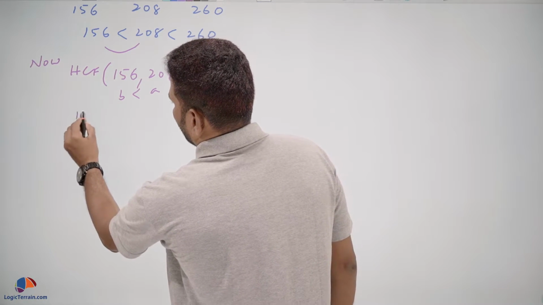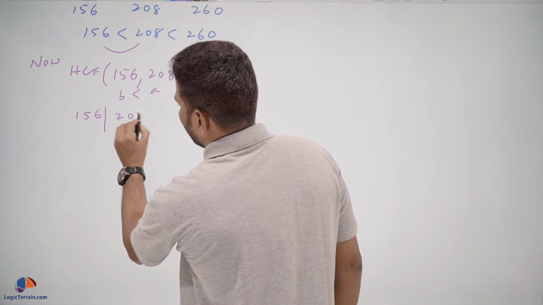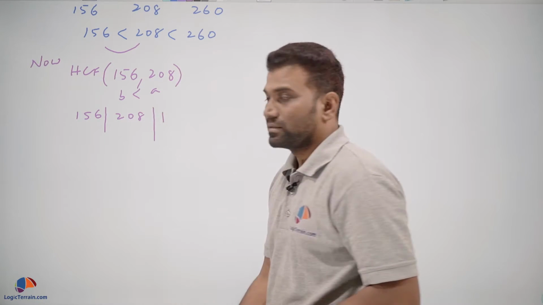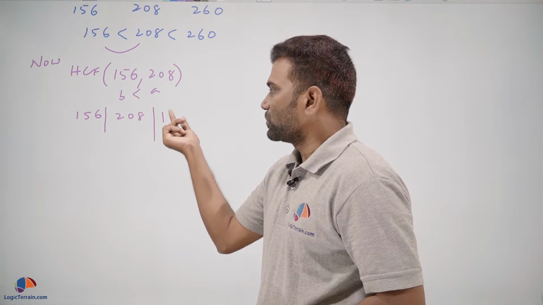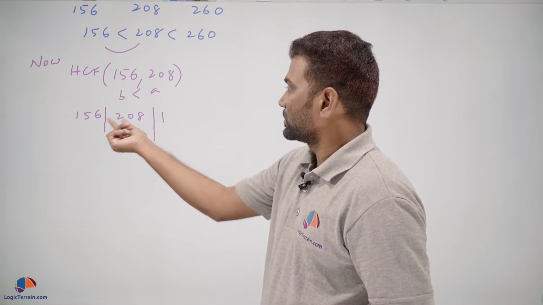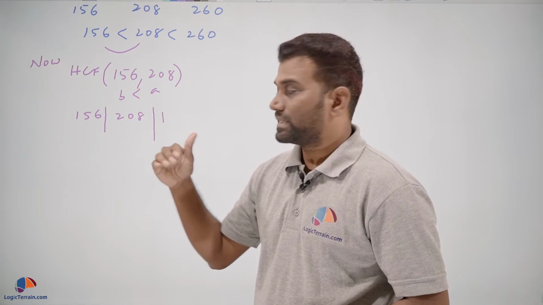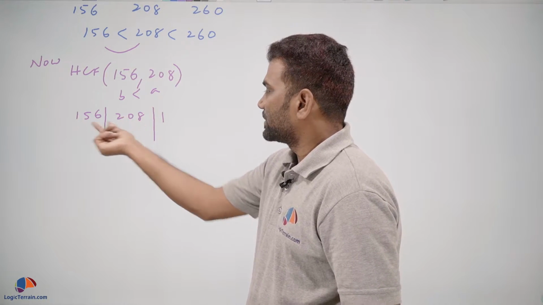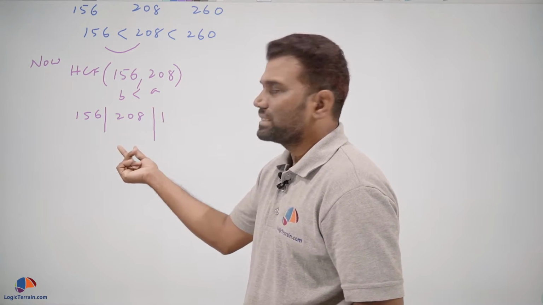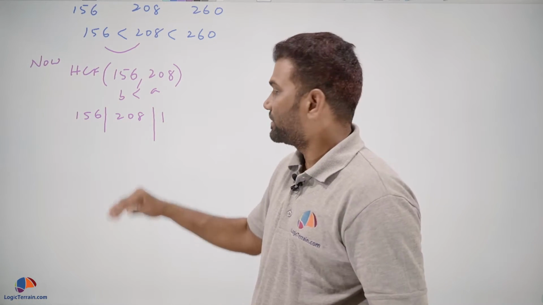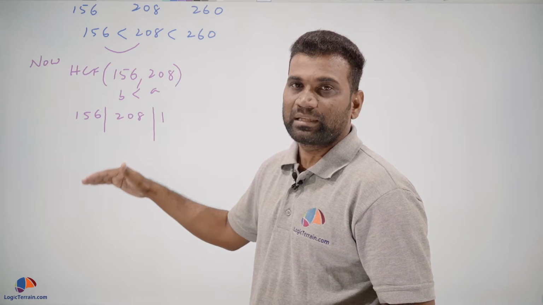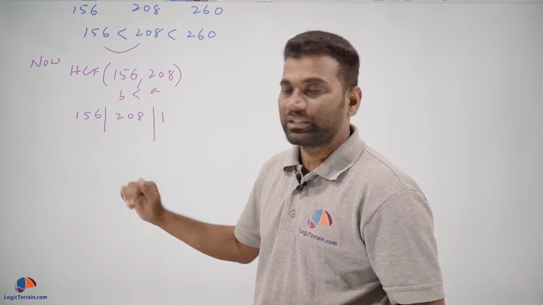Divisor is equal to dividend into quotient plus remainder. So according to Euclid's division algorithm, A equals B into Q plus R. If R is 0, the division ends here, otherwise the process will continue.